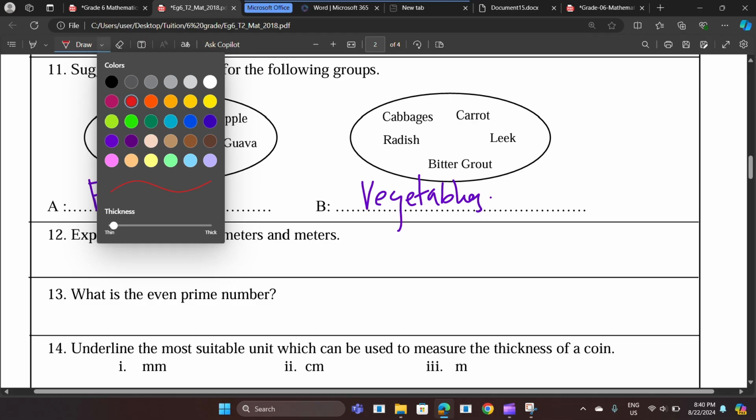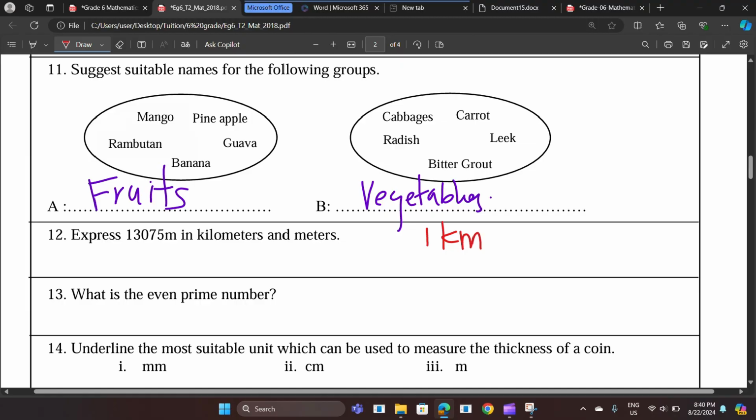First of all, 1 kilometer is equal to 1,000 meters. Keep it in mind. So in here we have to divide this number by 1,000 because 1 kilometer has 1,000 meters.